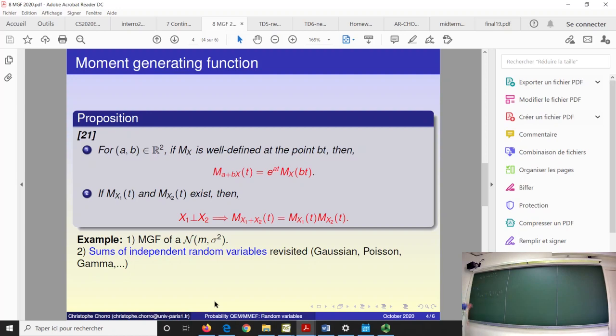So this little relation will be a powerful tool to compute the distribution of a sum of two independent random variables. Together we have done the job for the Poisson in the previous session. I have recovered the fact that if I have a Poisson of parameter lambda 1, a Poisson of parameter lambda 2, if they are independent, the sum is a Poisson of parameter lambda 1 plus lambda 2.